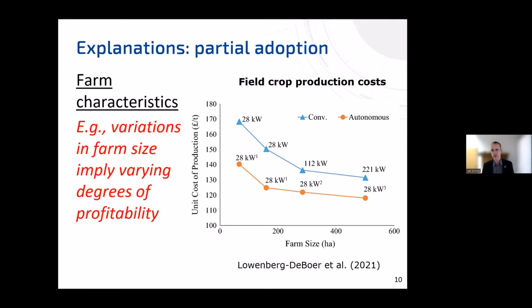Here it looks as if the autonomous equipment is always more profitable, or less costly at least, than the conventional equipment. But another study by the same group of researchers shows that this depends a lot on the regulations that are in place. In some parts of the world, you need a human supervisor for the autonomous equipment, and then the unit production costs are higher than for the conventional equipment.